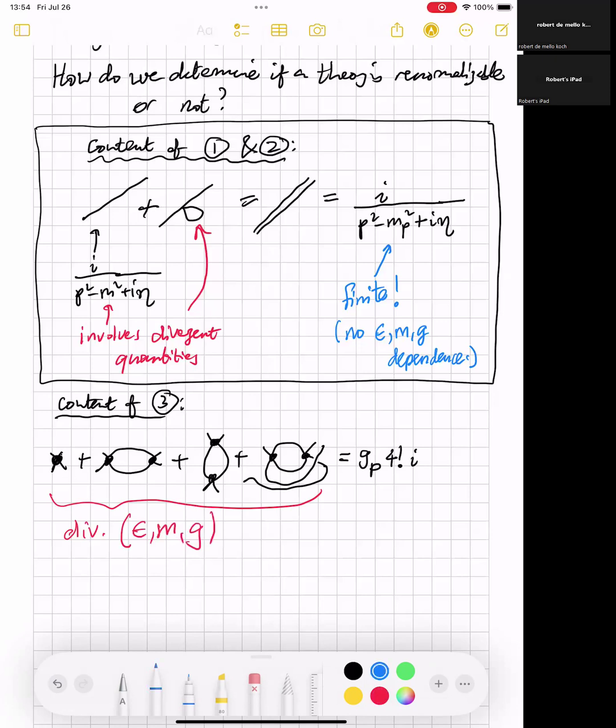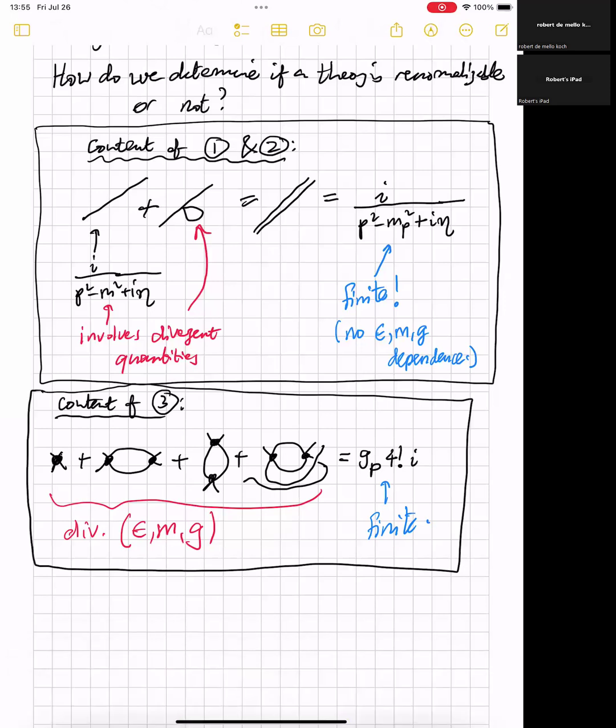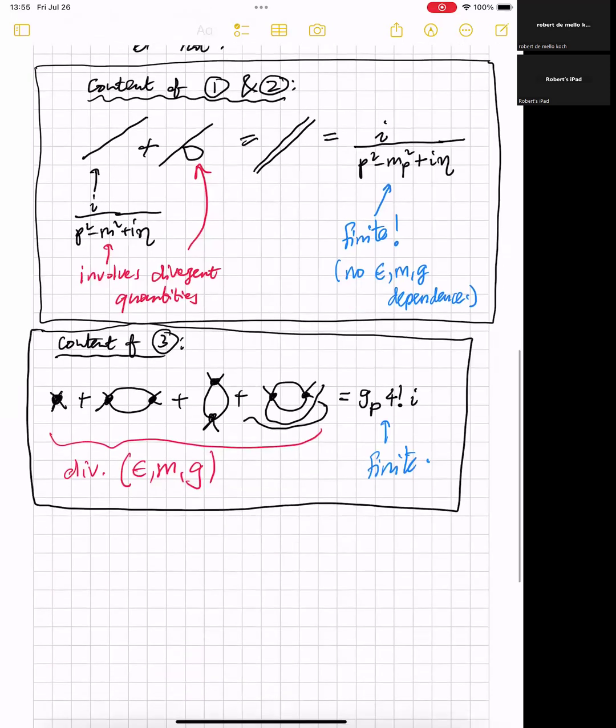But on this side of the equation, things are again finite. Good. So that's the content of our third renormalization condition. The claim is, if you have a theory that is renormalizable, any correlation function you choose to calculate to any loop order will be finite using only these 3 conditions.